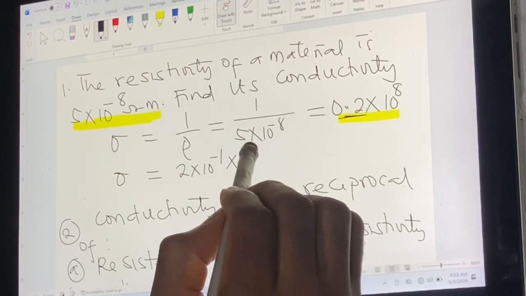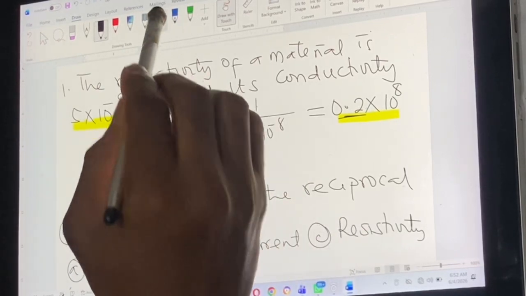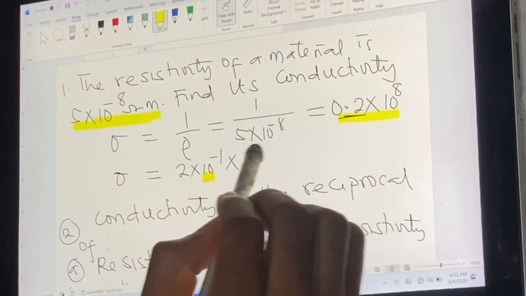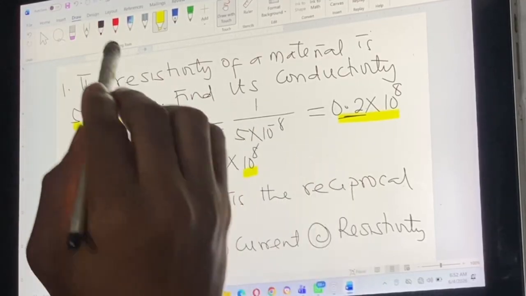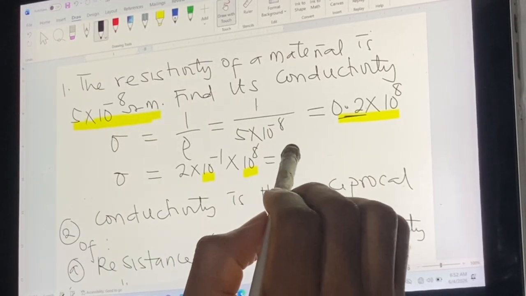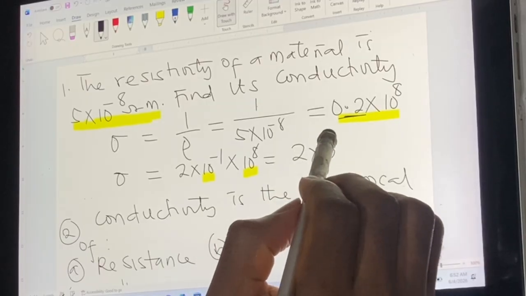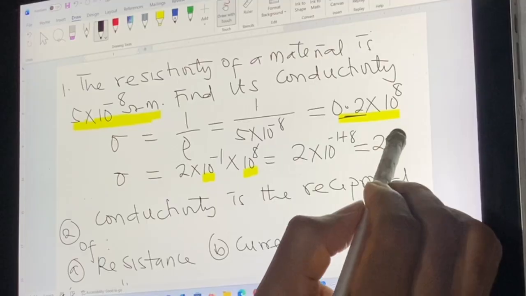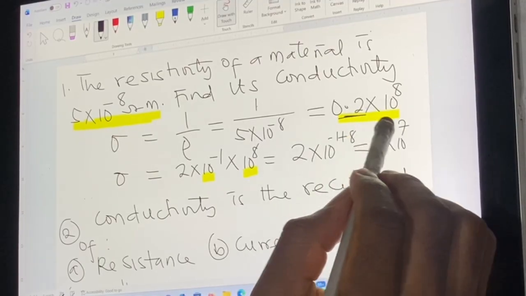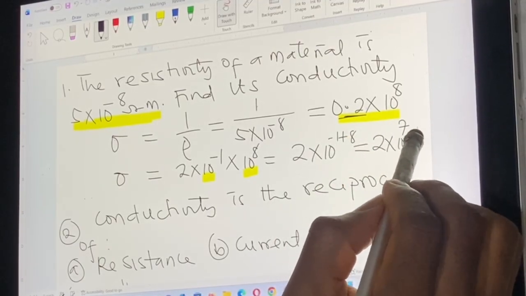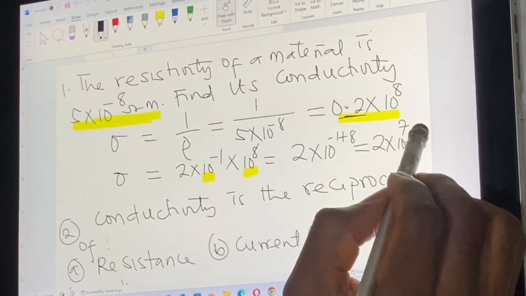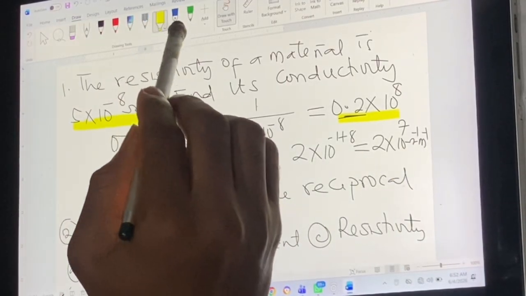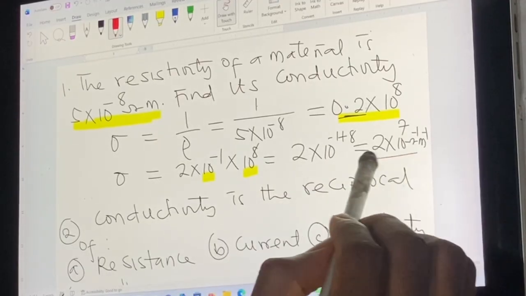From the law of indices, you add up the powers. This will be equal to 2 times 10 to the power minus 1 plus 8, which will be equal to 2 times 10 to the power 7. And the unit here is per ohm per meter. Please take note, the unit of conductivity is per ohm per meter. This is my answer here.